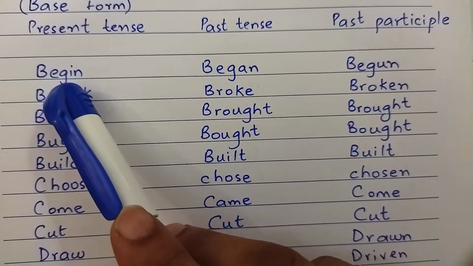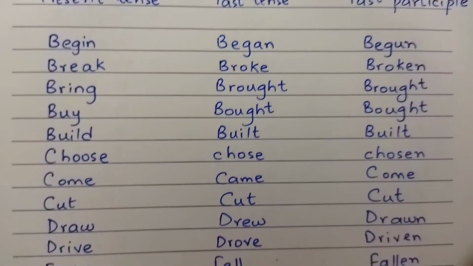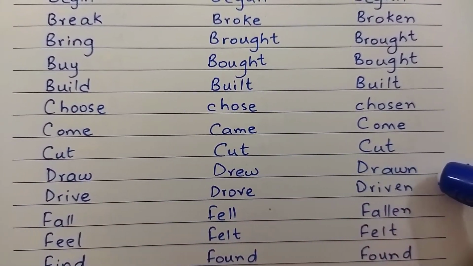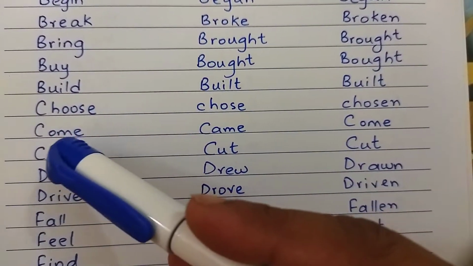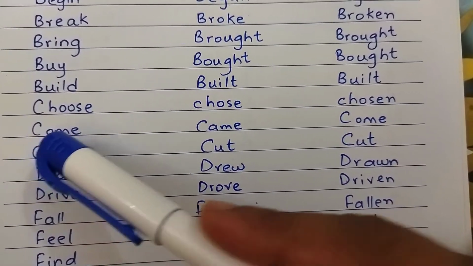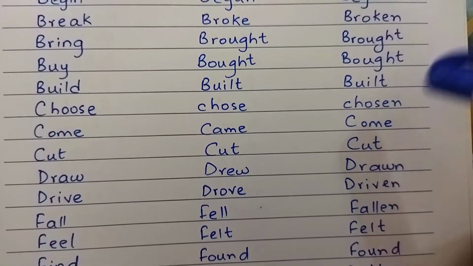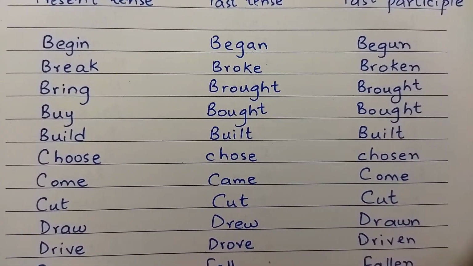Similarly, draw, drew, drawn. Similarly, come, came, come. You see here O changed into A and again O. So sometimes they just change their vowels.